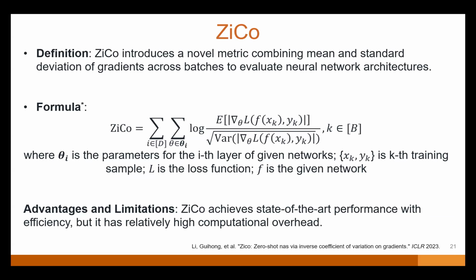It is essentially the ratio of the mean to the standard deviation of the gradients. In general, high ICV, or inverse coefficient of variation, values indicate stable and significant gradients, therefore more important coefficients. So this is what is used.